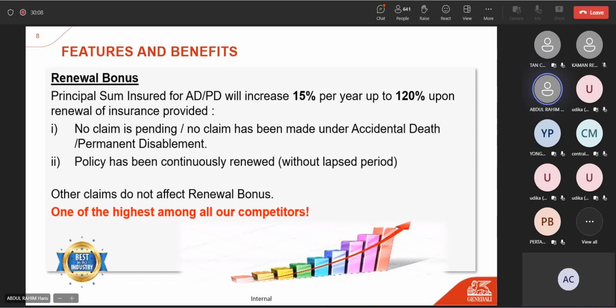So basically, if the policy is renewed, it will increase your sum insured by 15% per year, as long as there is no claim on the accidental death or permanent disablement, and that the policy is continuously renewed. So if you renew your policy without any claims from accidental death or permanent disablement, you will get a renewal bonus of 15% increase per year.